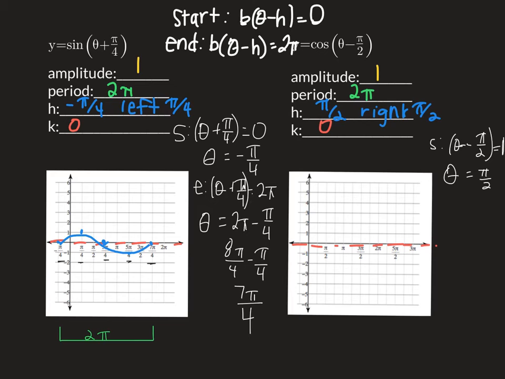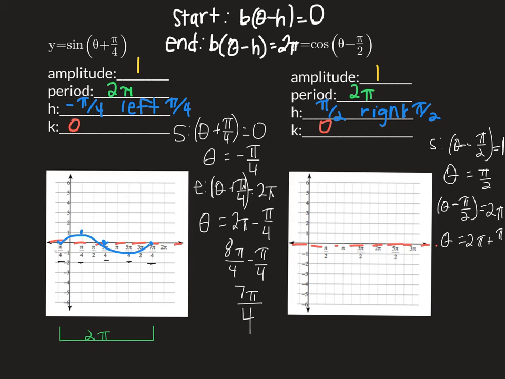My ending point, theta minus pi over 2, is 2 pi. And if I solve for this one, I get that the ending point is 2 pi plus pi over 2.